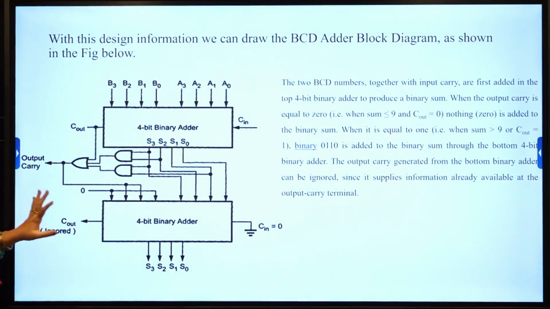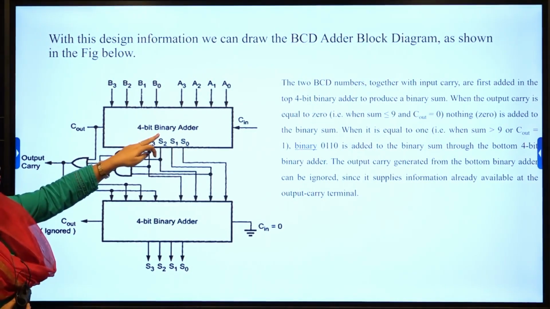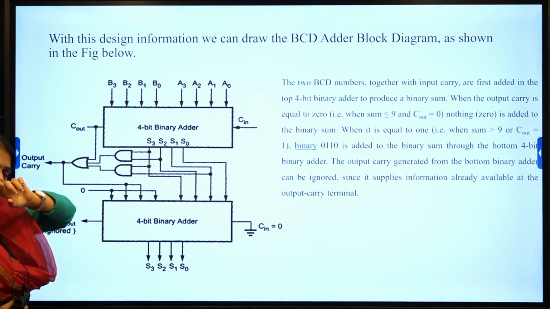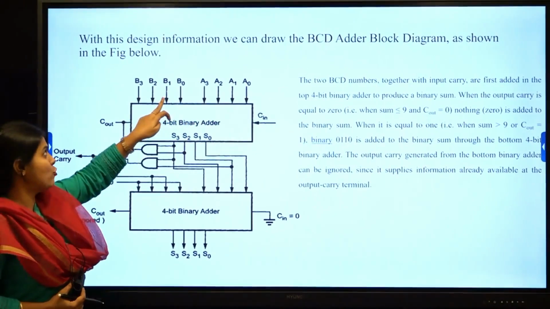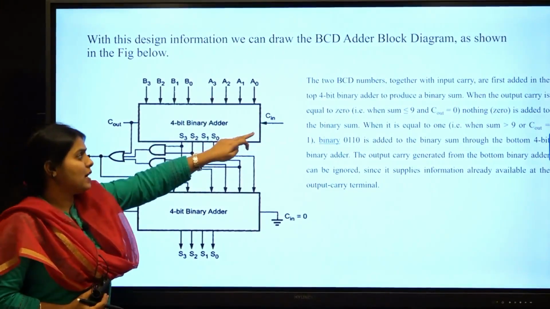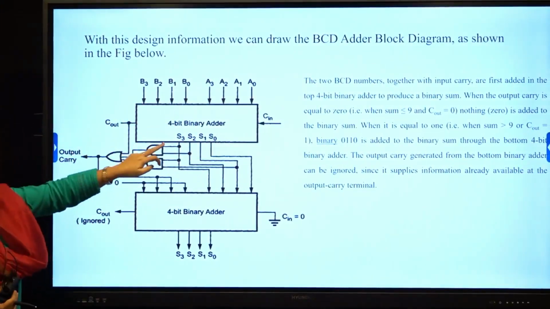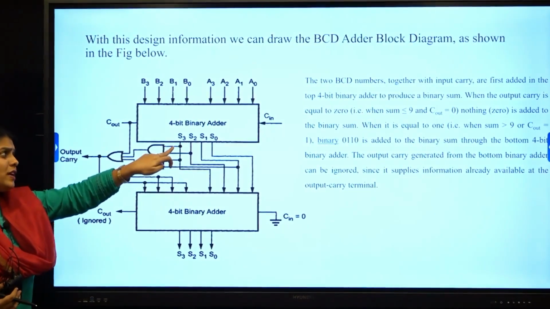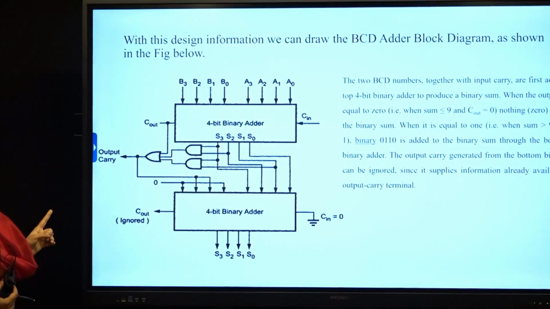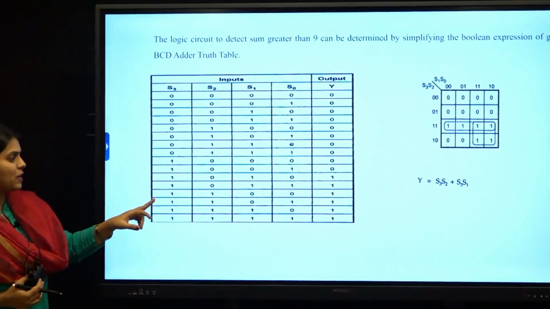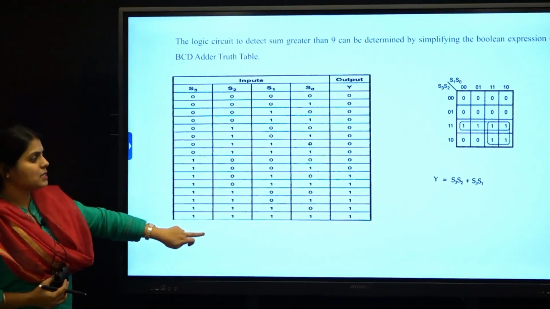As you can see here, I am taking a basic 4-bit binary adder first, wherein I am taking 4 bits of the first input, 4 bits of the second input, along with my carry input, carry output, and the resultant would be S0, S1, S2 and S3. Now what was the expression that we got from the previous step? S3 S2 plus S3 S1.